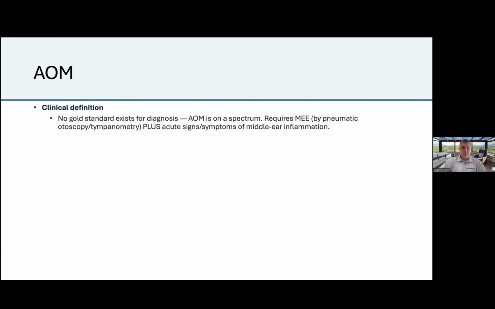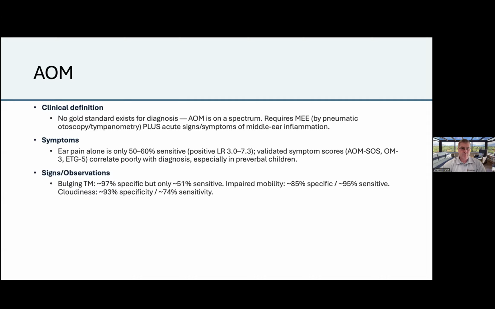So acute otitis media. Now that we've gone through all these definitions, what is it? It unfortunately does not have a gold standard for diagnosis. It is on a spectrum. It requires middle ear effusion plus acute signs and symptoms of middle ear inflammation. So the authors looked at some of the differences.